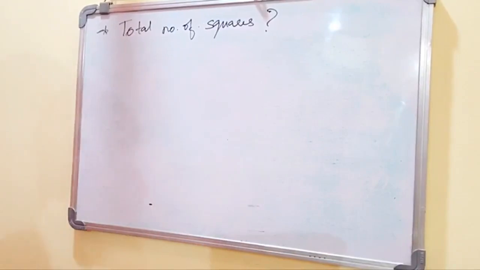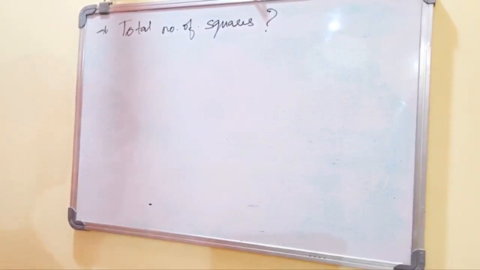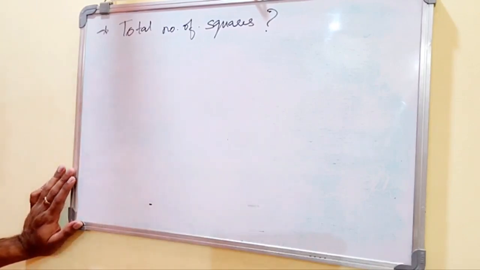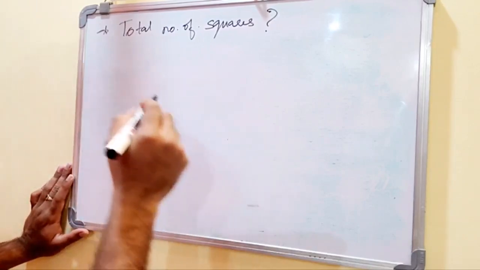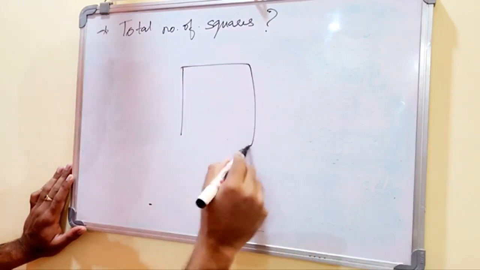One of the questions frequently asked in the exam is to find the total number of squares. So they might ask you the total number of squares in a given figure. When the figure is a square, the formula is different. When the figure is a rectangle, the formula is different. So now first let us find the total number of squares in a given figure when the given figure is a square.